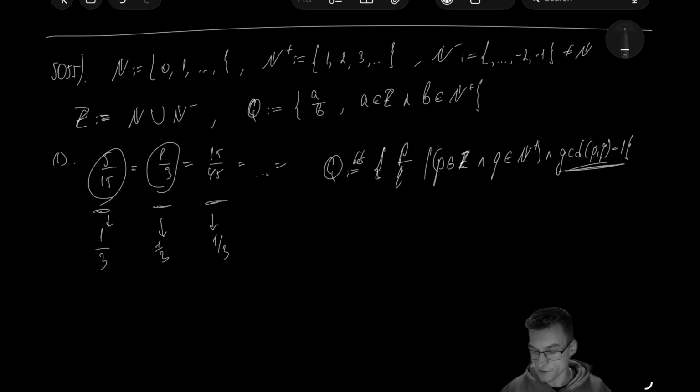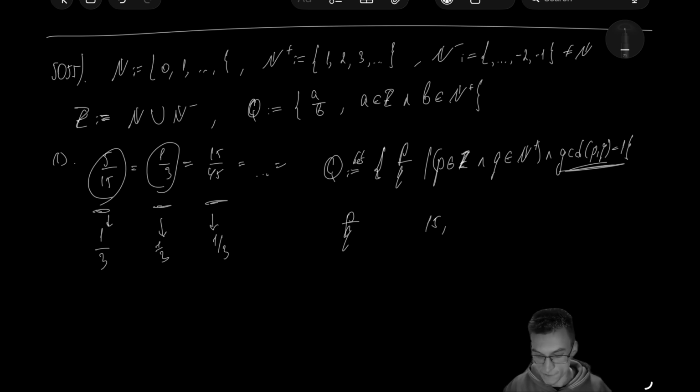This is another way of saying they are irreducible, because if their greatest common divisor is 1, there is no common term. We cannot decompose them into a product with a common term and then reduce them later. So if p and q don't have a common divisor, then p over q is irreducible.